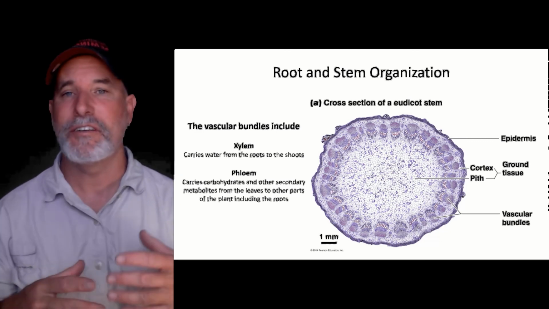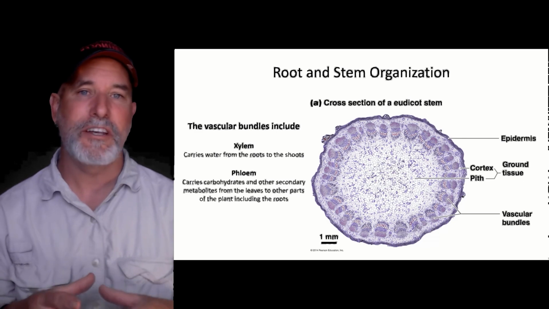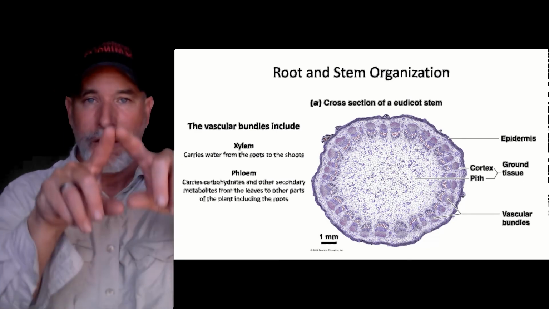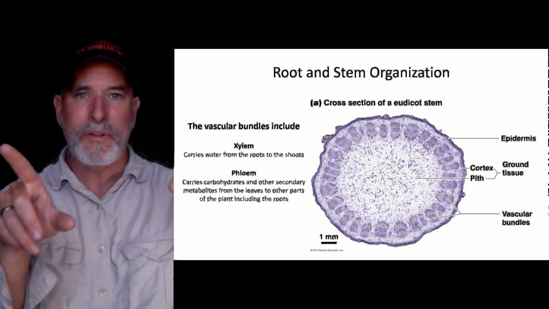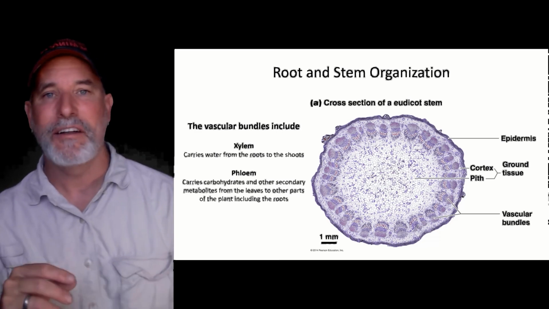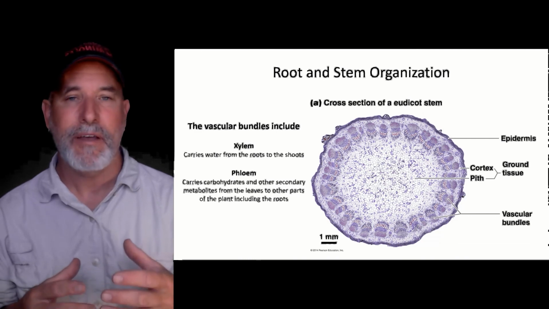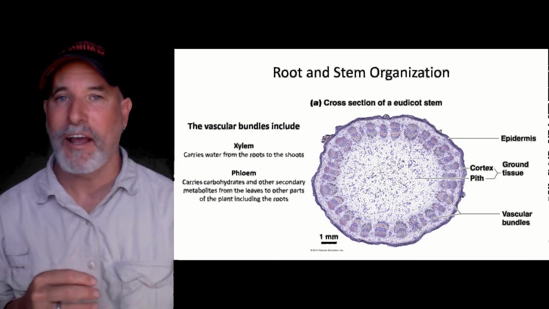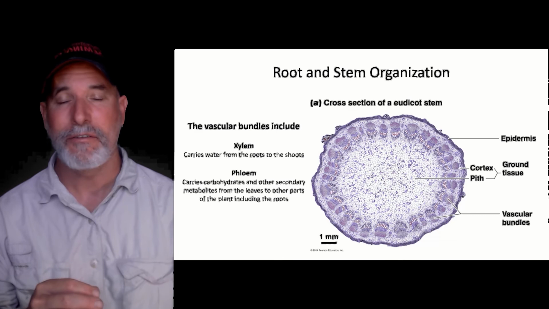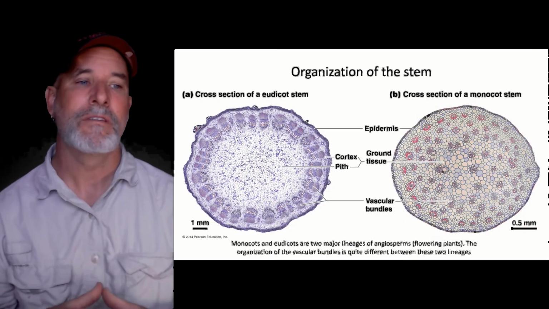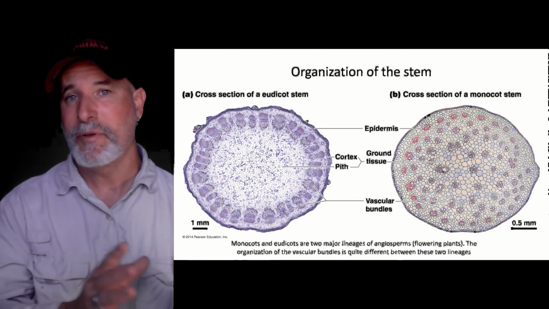And here in this eudicot, you can see that you've got the ground tissue in the middle, the epidermis on the outside, and you can see the vascular bundles made up of both the xylem and the phloem. Typically xylem cells are slightly bigger than the phloem cells. Now a monocot is a bit different.